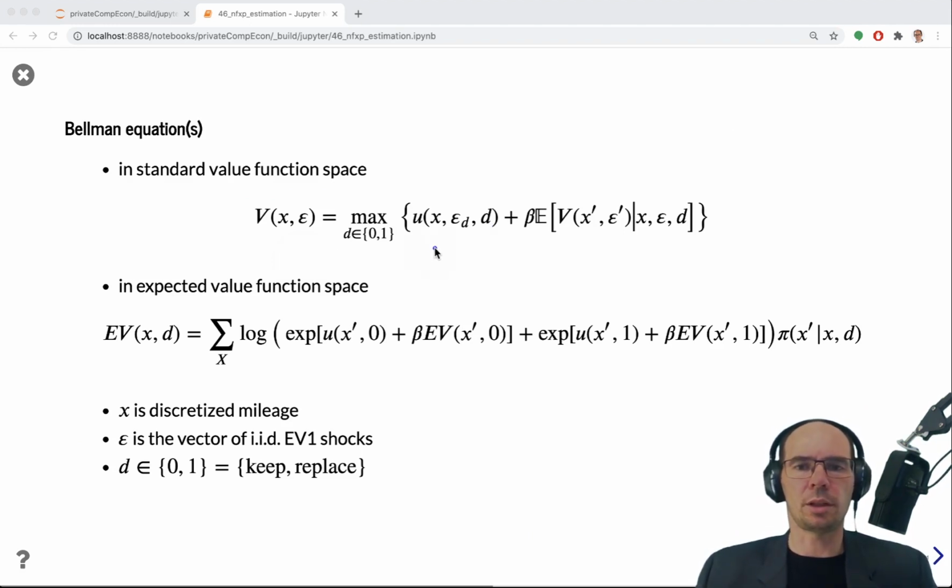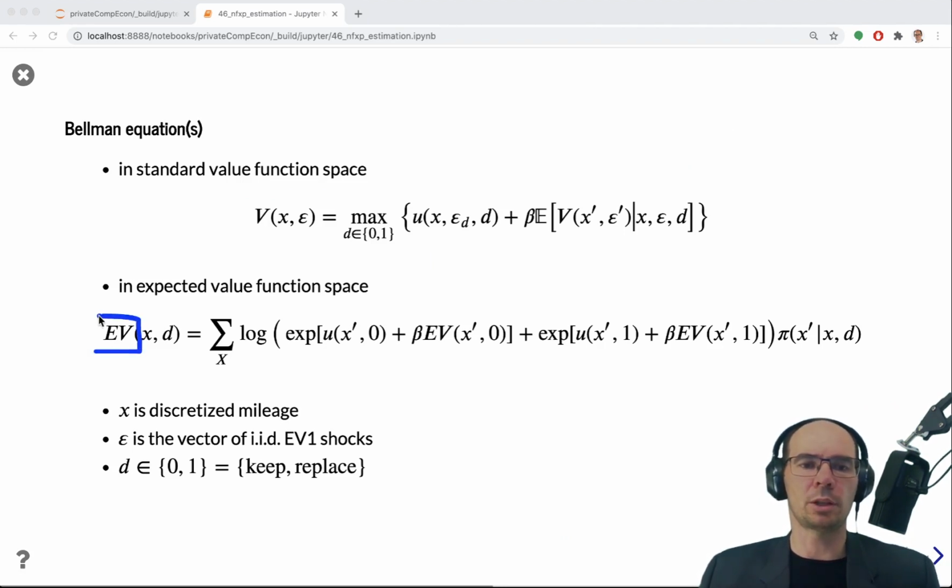All right, so as you remember, we converted this Bellman equation into the fixed point equation for the expected values, the EVs. In theory, they are written as a function of states and decisions, but in the implementation in the code, we can skip the argument of the decision, because the value that corresponds to x equals 0 fully describes the expected value of replacing the engine.